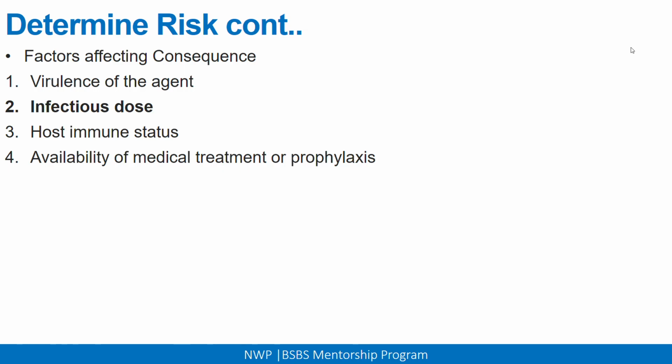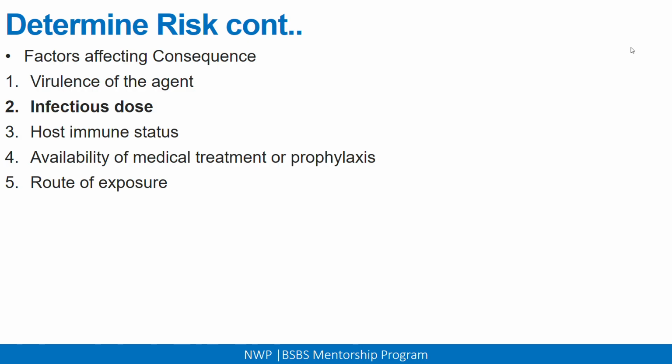So having a vaccine available reduces the consequence. But if there's no vaccine, most likely there will be an increased consequence. Route of exposure. Multiple routes of exposure, of course, increase the consequences.